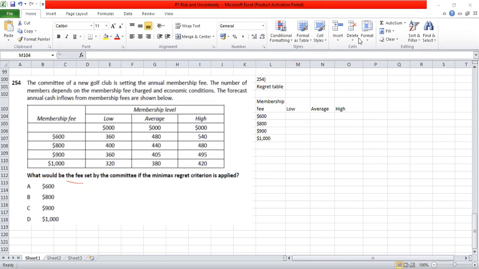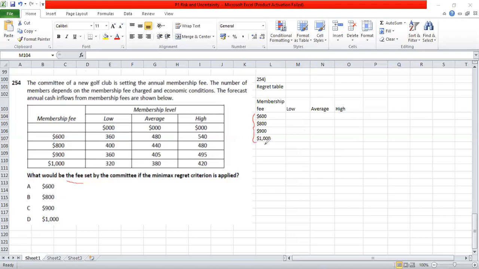Which fee is applied, the regret will be at its minimum, that is the focus. We are deciding about the fee structure, but then if 600 is the fee, if we take 600 to be the fee, no, no, first the decision should be among which one of them has to be selected.